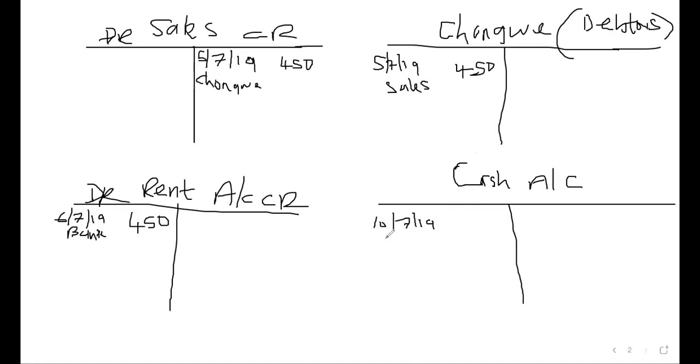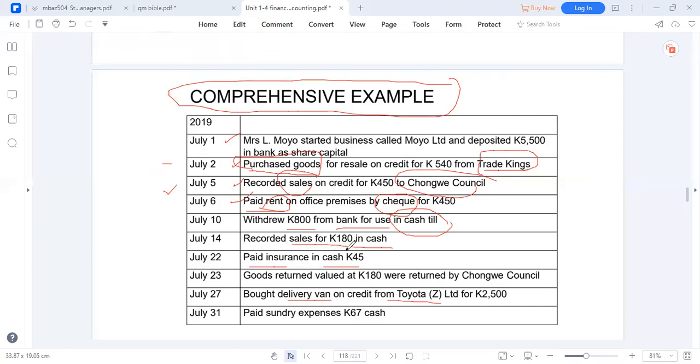What are we having here? Bank 800. Let's go to the other one. We go to sales for 180 in cash. So sales account and cash account.